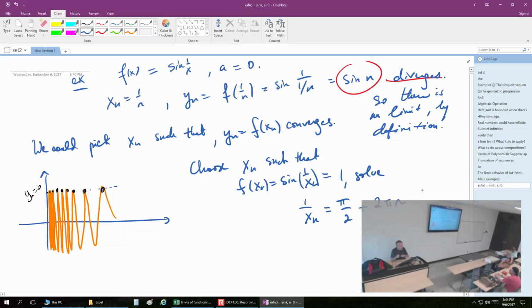So for each n, you'll get a new point. Sine oscillates between -1 and 1. When you make a 2 pi turn, you will have 1 again, and then 2 pi, 1 again, and so on. So for every 2 pi n, you will have sine equal to 1, and indeed then we have a sequence. Xn is equal to 1 over pi over 2 plus 2 pi n.